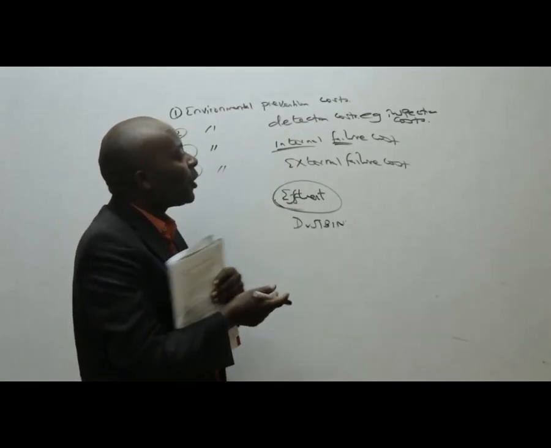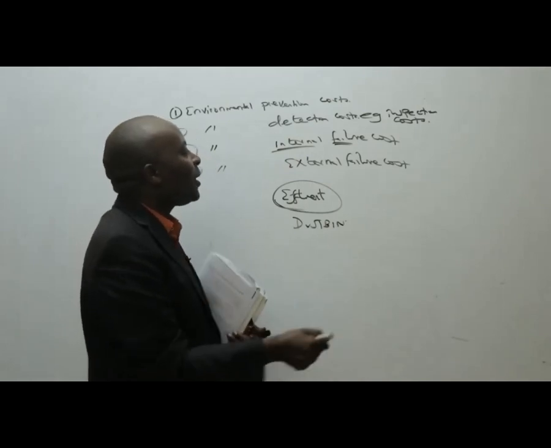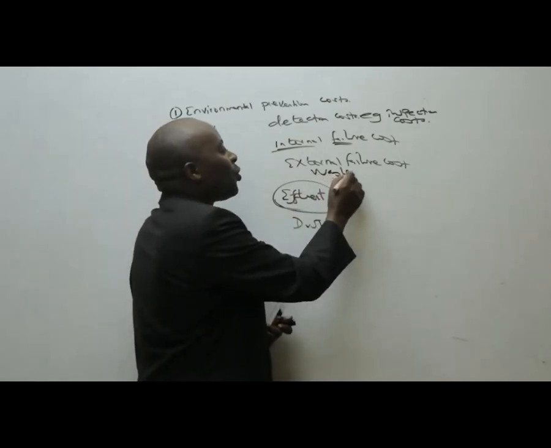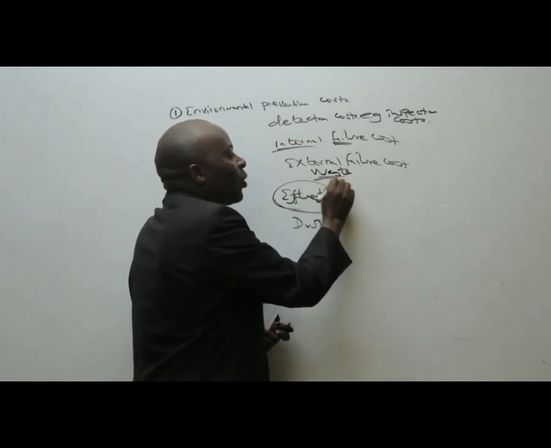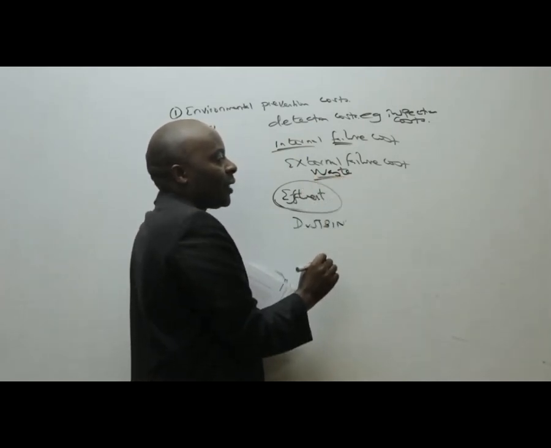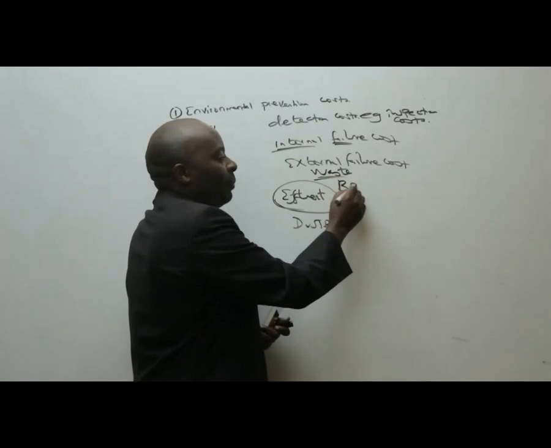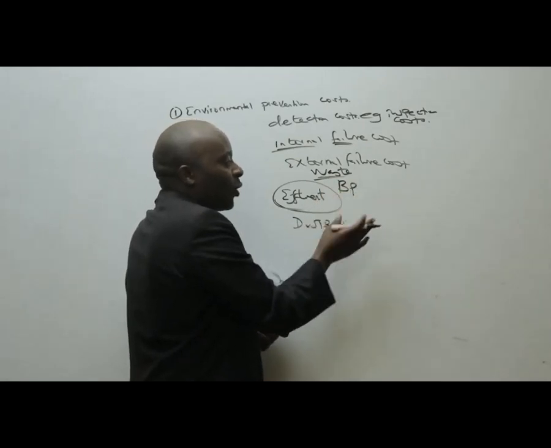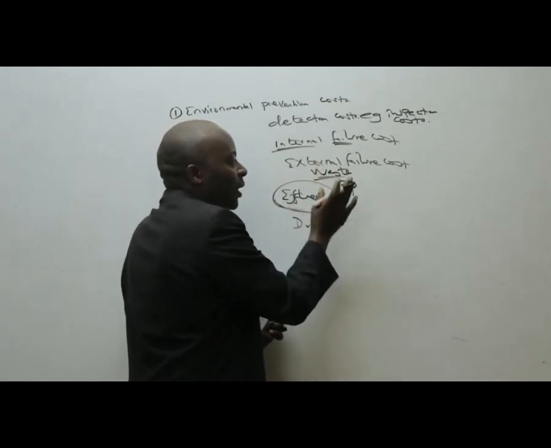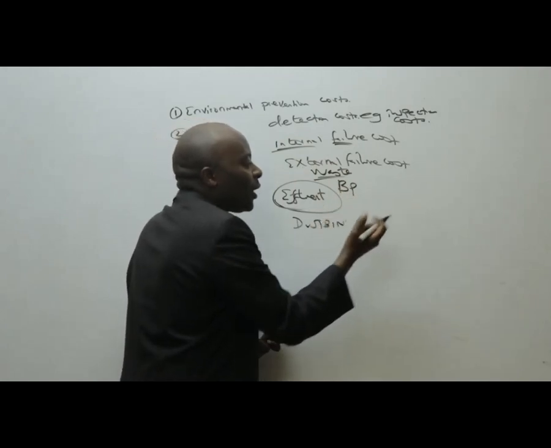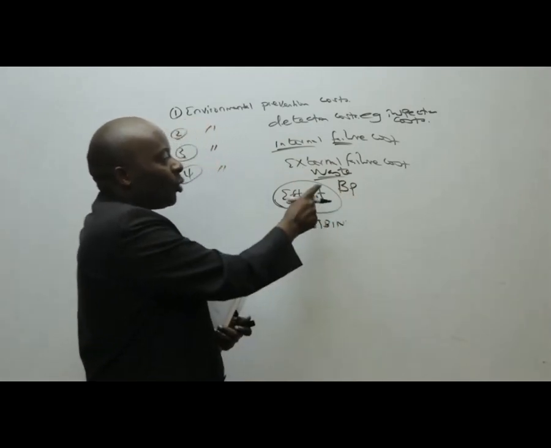Now, for the environmental external failure, ladies and gentlemen, this is that waste that has gone out of control. Waste, for example, that has gone into the ocean, right? Like the other time we had the BP oil spill, a lot of its oil getting into the ocean. So how do you get this oil out of the ocean?